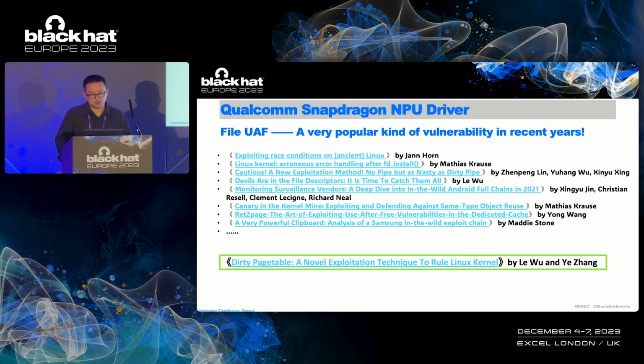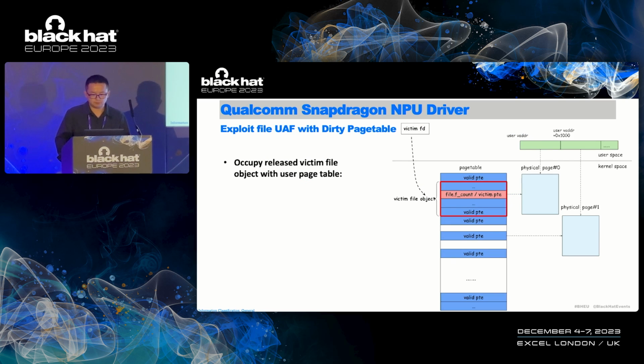Actually, me and Zhang had also come up with a new method to exploit file UAF this year. The method is called dirty page table. I wrote a really detailed blog about how we use dirty page table to exploit heap-based vulnerabilities, including the file UAF. And this time, let's use dirty page table directly to exploit this file UAF bug.